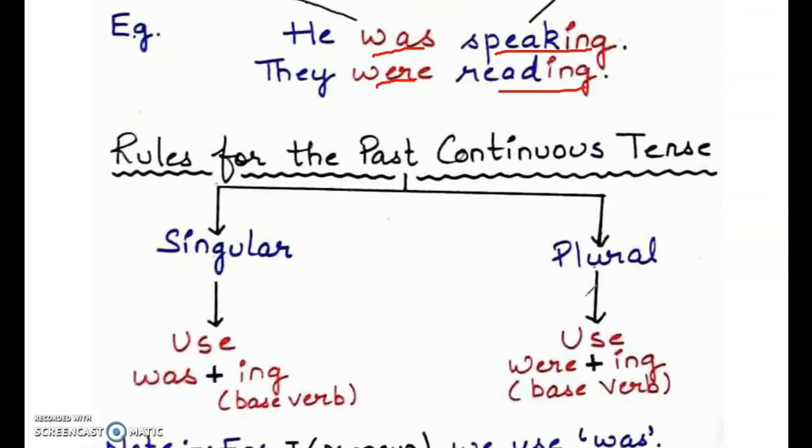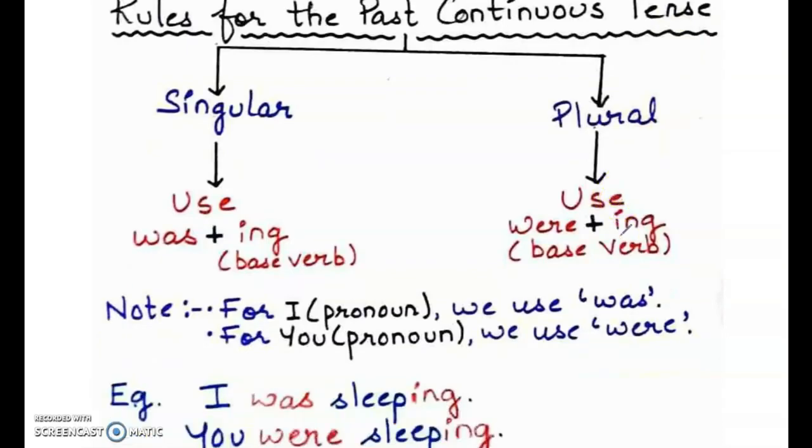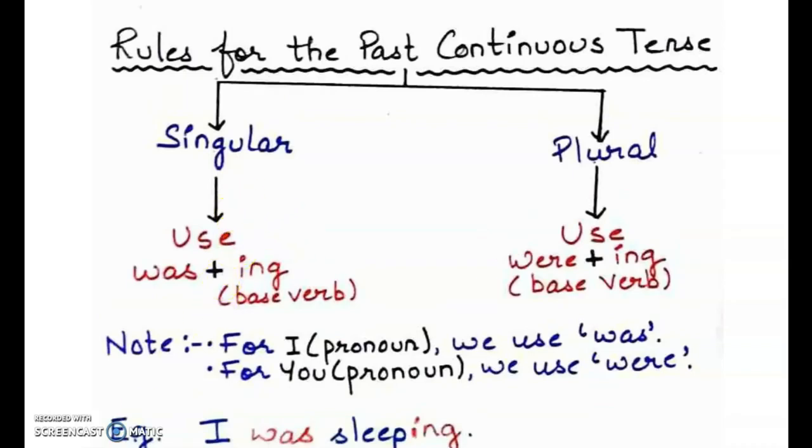Alright, now let us see this chart. Rules for the past continuous tense. We have to learn and follow this rule, children. It will help you out till your higher classes.